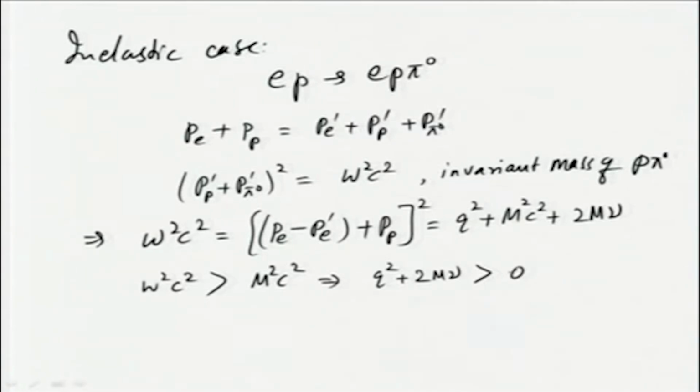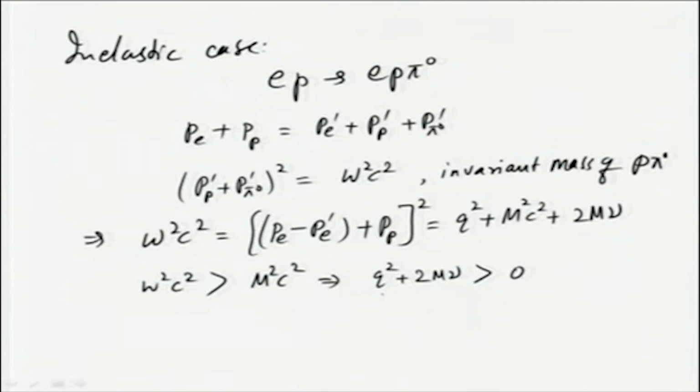And there is no such relation between q square and nu as we had in the case of elastic collisions. In the elastic collision case, W was replaced by m p, the mass of the proton. So, we had q square plus 2 m nu exactly equal to 0. Here it is not so. So, q square and nu can vary independent of each other. All right.